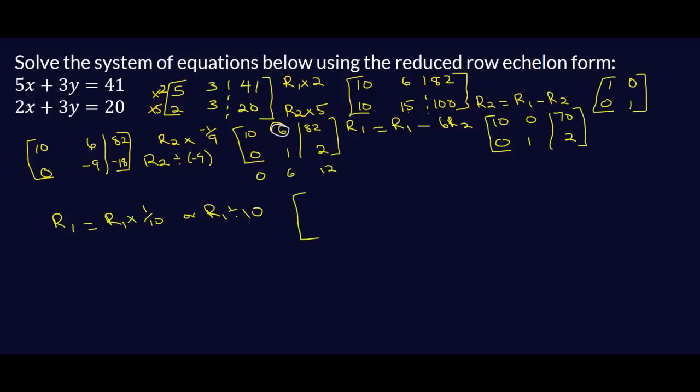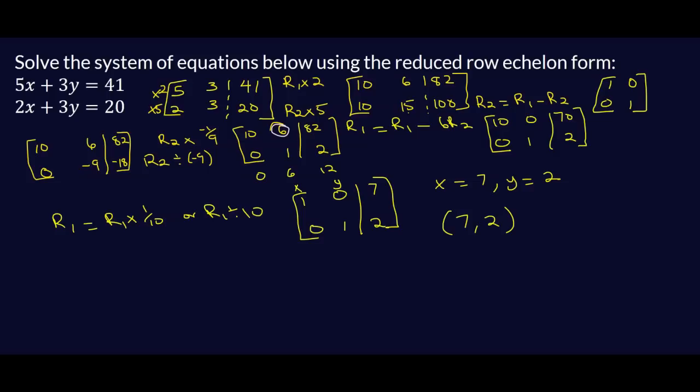So that is going to give us 1, 0, and then we have 7, and then 0, 1, and then we have 2. So what this simply means is that this is going to be our x variable, this is our y variable. So x equal to 7, y equal to 2. So we can write this as 7, 2.